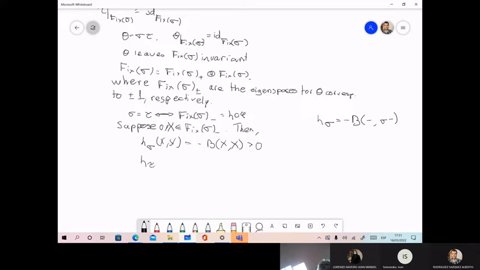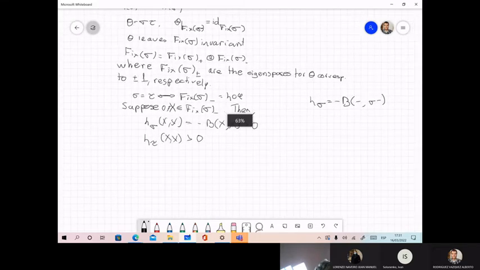And we know, since tau is a compact real structure, that this has to be greater than 0, because this is an inner product.